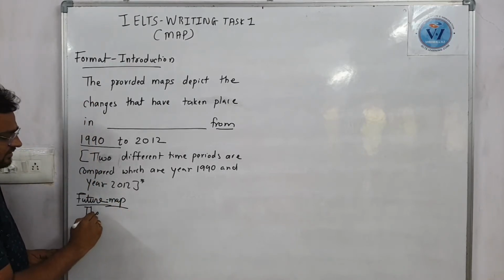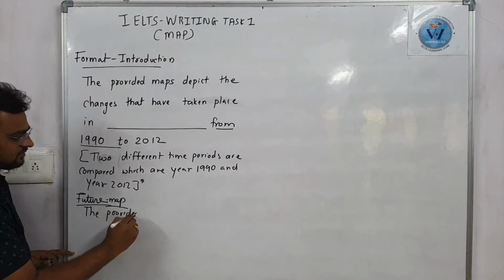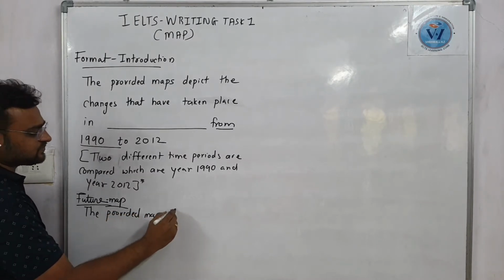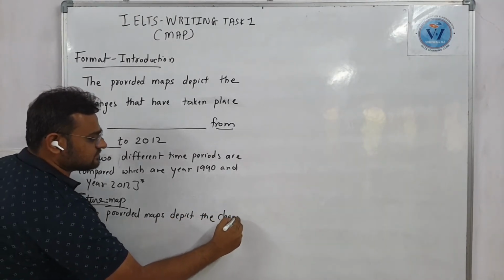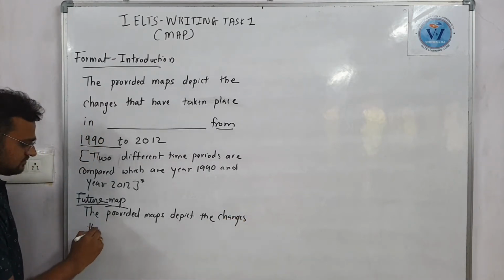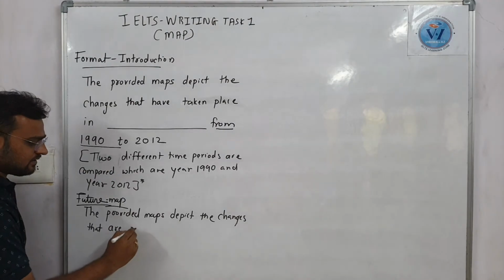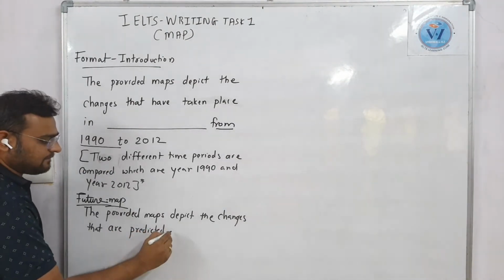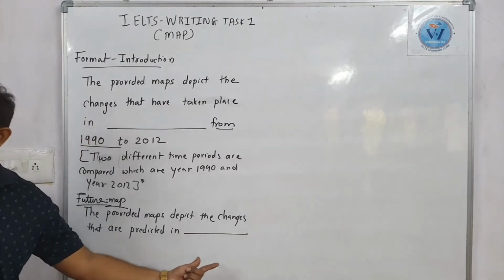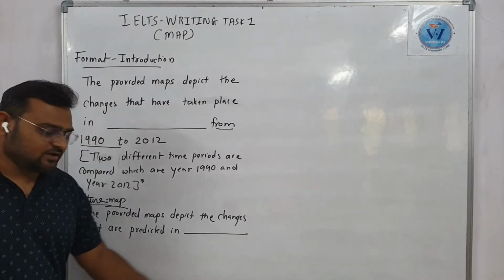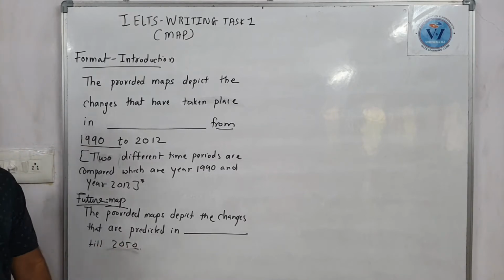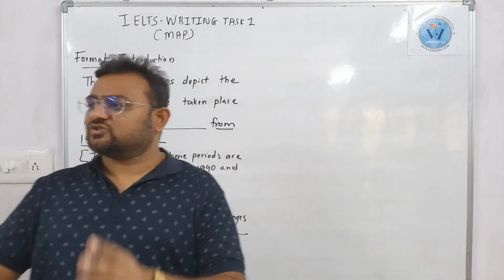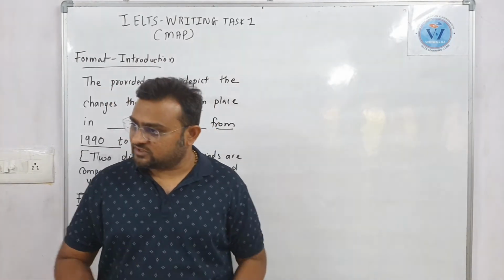Same thing: the provided maps depict the changes that are predicted in, whatever the map is about. Okay, fill that blank here. Till, let's say if it is about 2050, till 2050. So I'm assuming that one map is of the present and another is of the future.